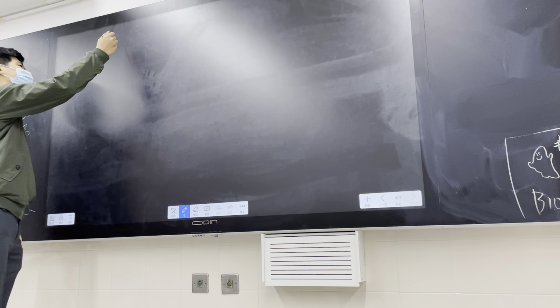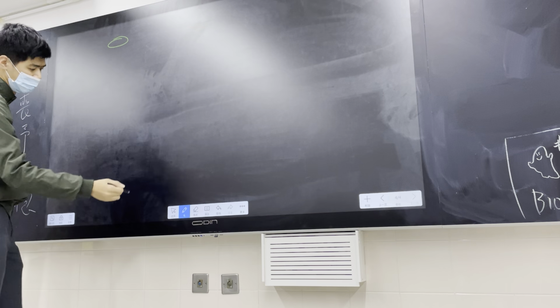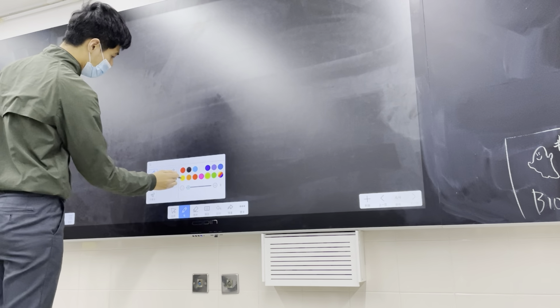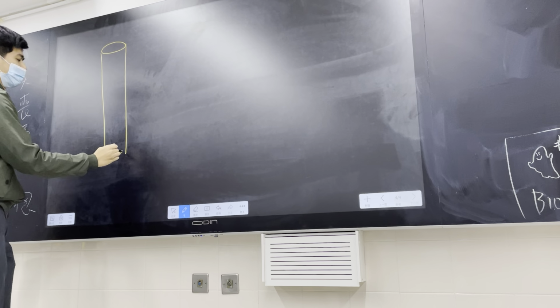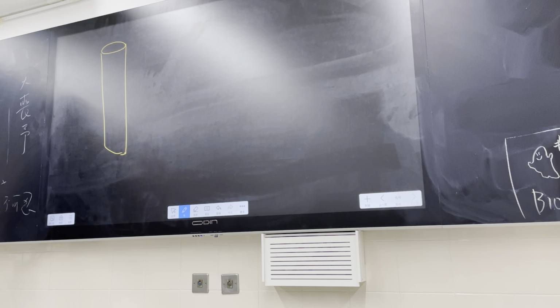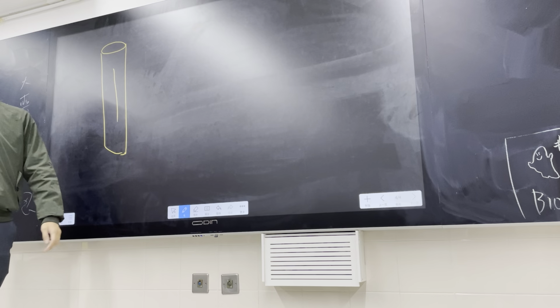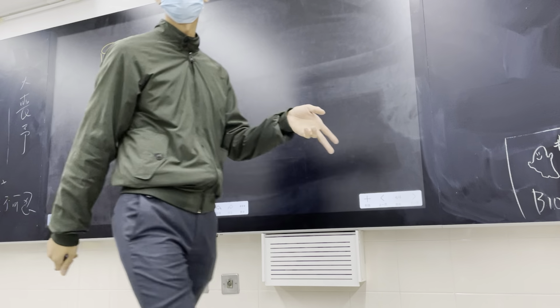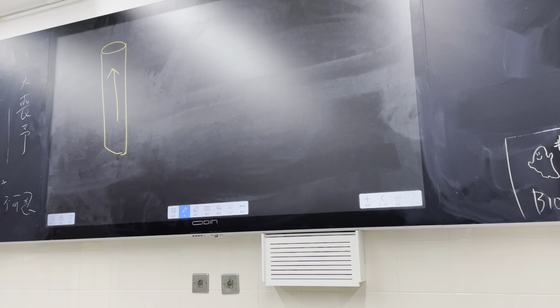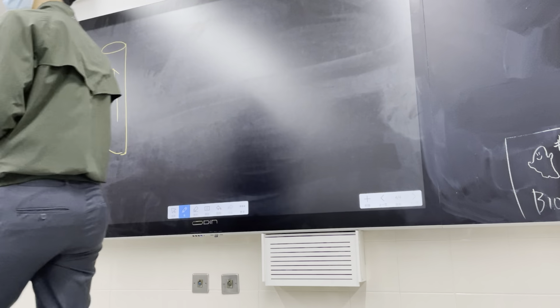For example, if you have a single wire here and the direction of current is pointing up, then there is a magnetic field around this wire. So how do we find the direction of the magnetic field?